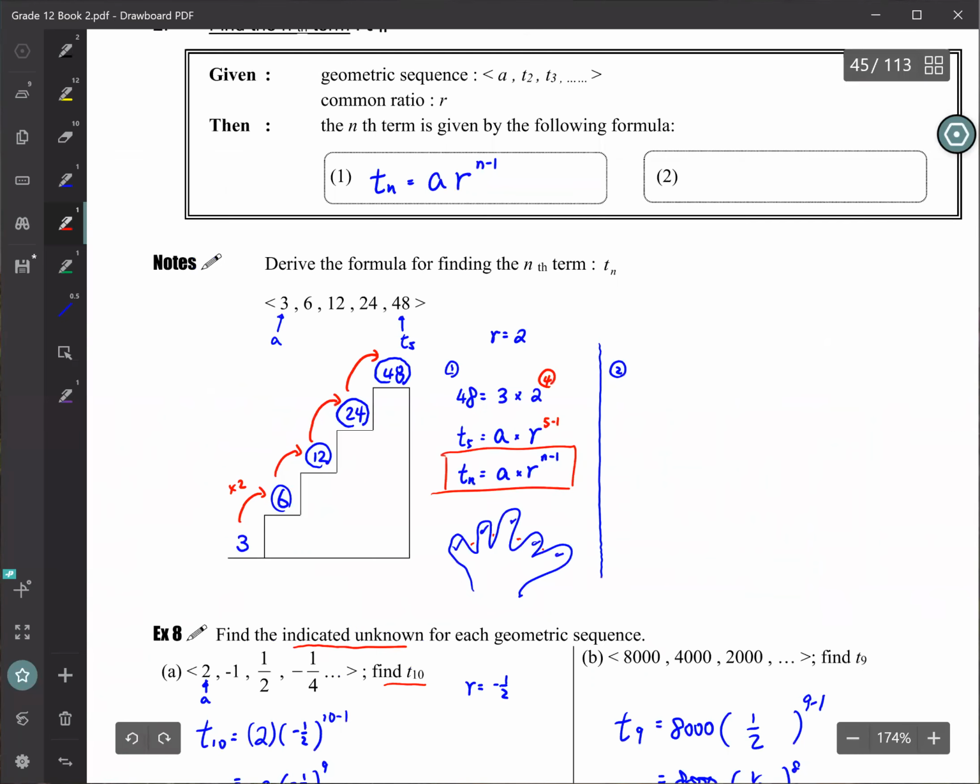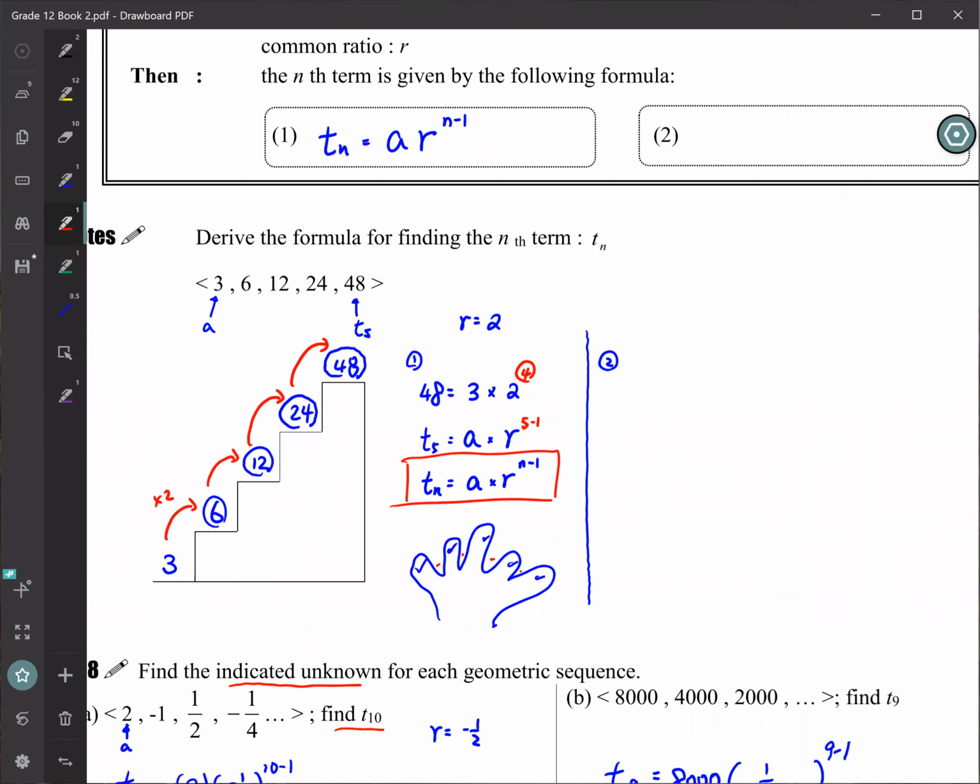So this time, I'm still trying to get to 48, but instead of starting from 3, I want to start somewhere in the middle. I could start with the second term or the third term, it doesn't matter. Let's say I start with the second term, so I will do 6 to start.